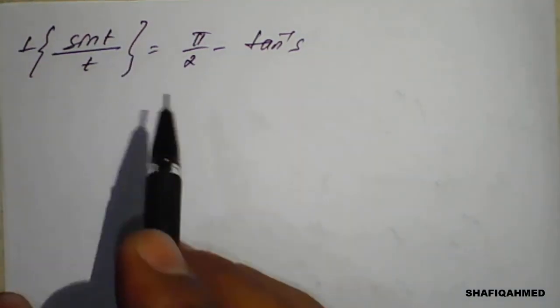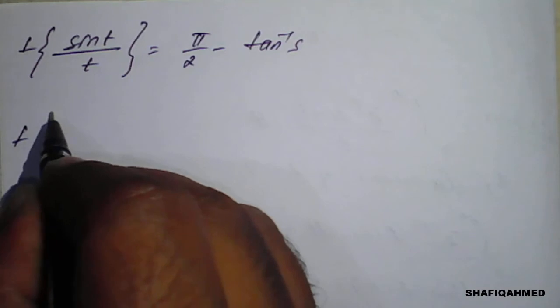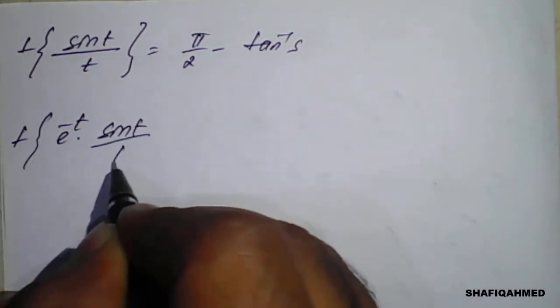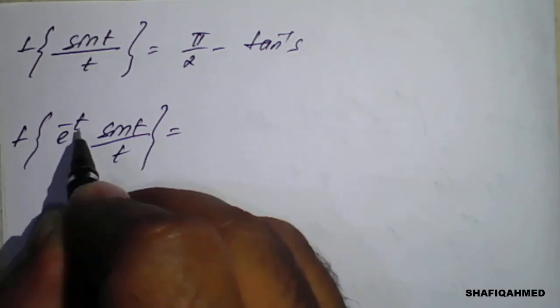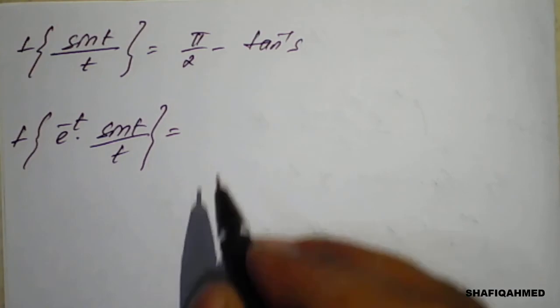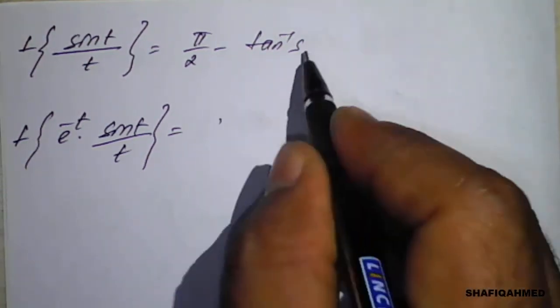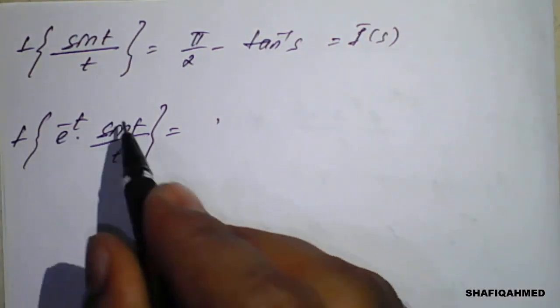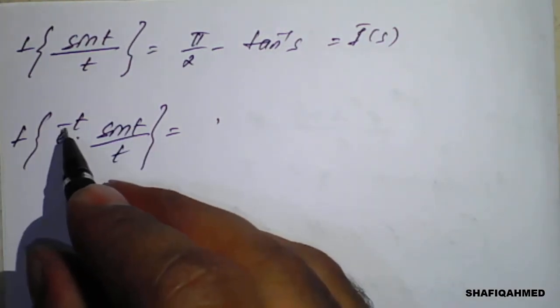But as per the question, we need to multiply by e raised to minus t, sin t upon t. Because e raised to minus t belongs to property number 1, this is our given f dash of s. In this, we need to replace s by s plus 1 because of this minus.